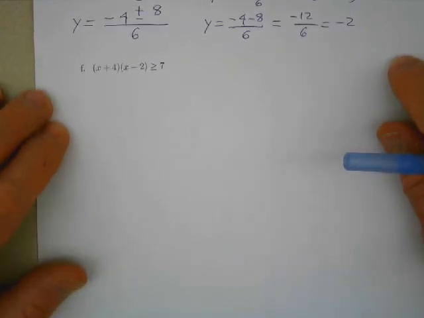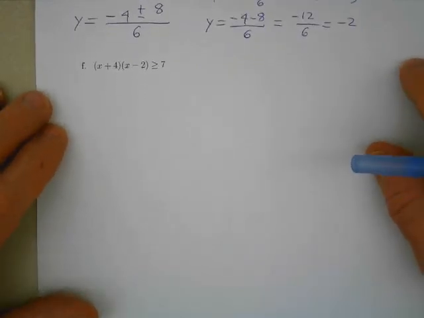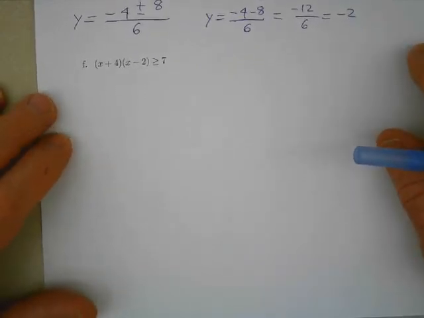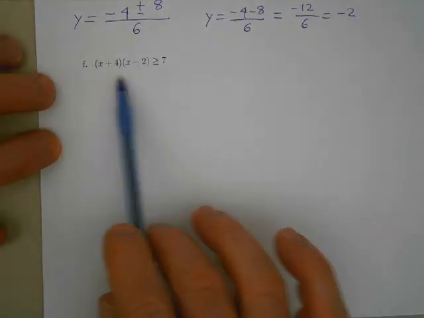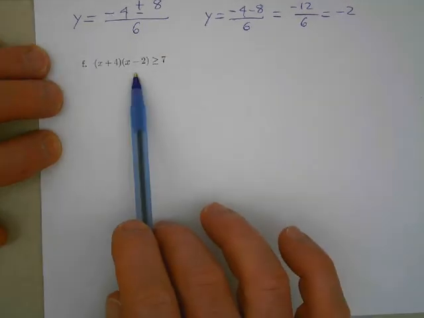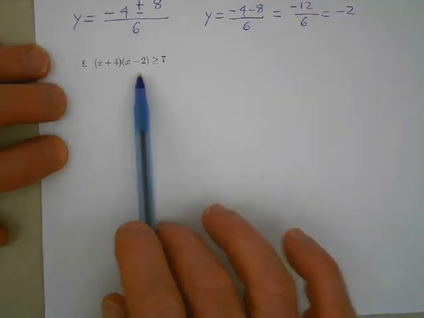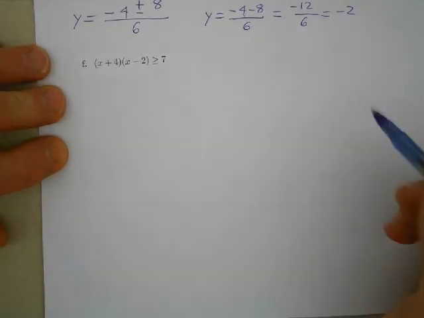Okay, the last example, well, this one is a mess to start with. x plus 4 times x minus 2 is greater than or equal to 7. So we have to multiply the two binomials on the left-hand side and simplify, and then afterwards subtract 7 from both sides.